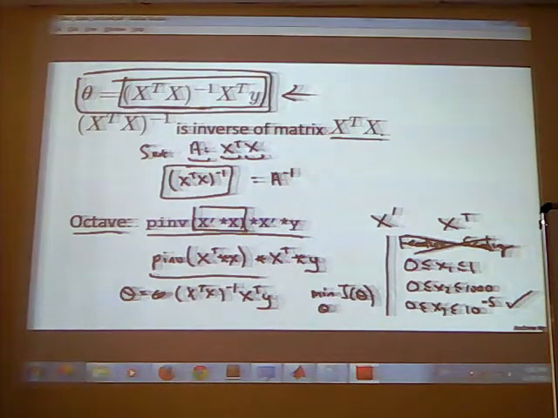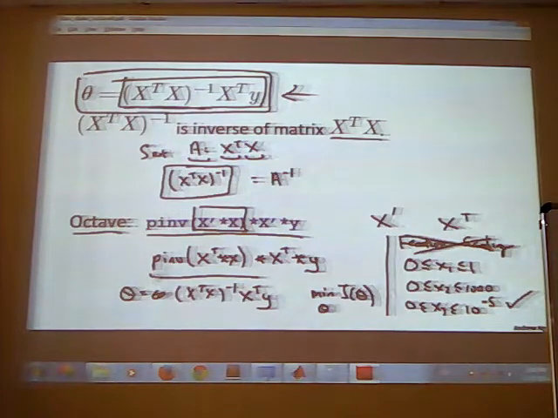For calculating the inverse of x transpose x, we need to calculate x transpose multiplied by x and the inverse of this. So to calculate this, we need to make sure that this matrix is invertible. If it is not invertible, then we won't be able to calculate theta.